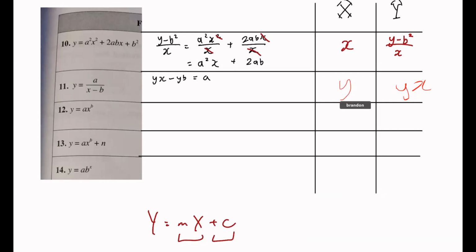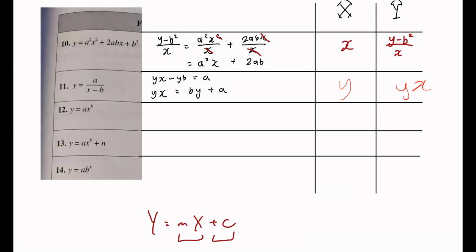Yeah, okay. So we can make yx the subject, then we get yx minus yb, or maybe if I rewrite it as by plus a, right? Yb and by is the same. Minus bring over become plus. So this is y equals mx plus c.